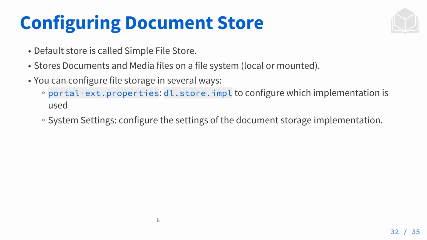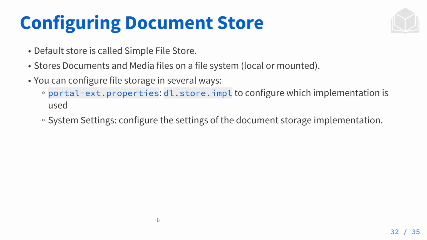Let's say, for example, I specified in my portal.ext that I want to use advanced file system store. Once you start up Liferay, over in system settings you would specify exactly where it's going to be stored, so you'll provide the directory. So portal.ext lets you choose which implementation, and system settings allows you to configure the implementation.